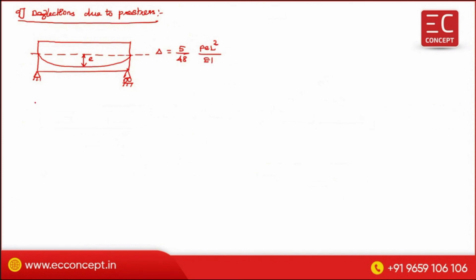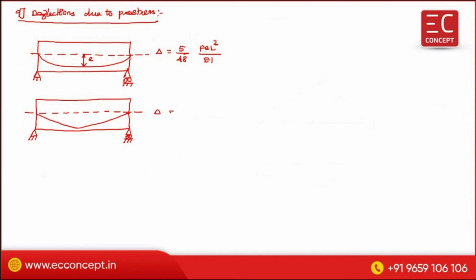The next one: your cable is something like that, a triangle. Then here the delta is equal to 1 by 12 PEL square divided by flexural rigidity.